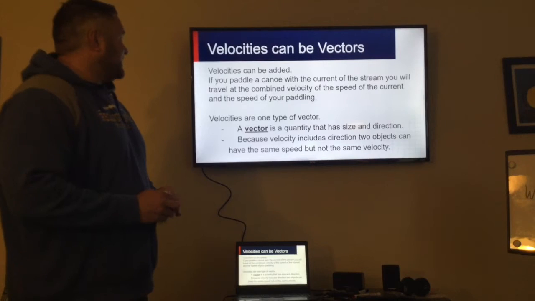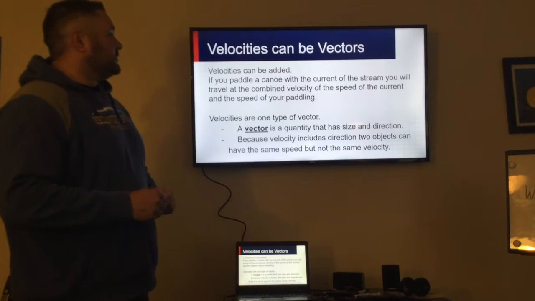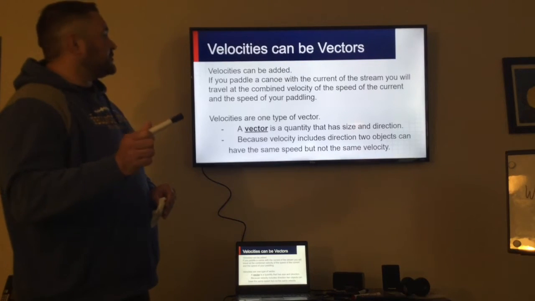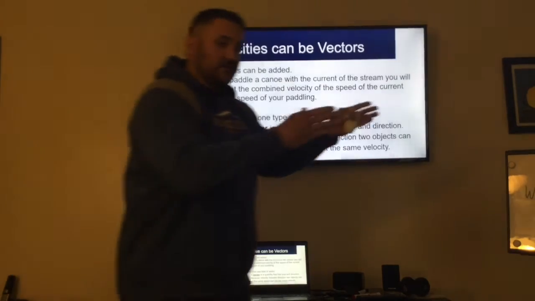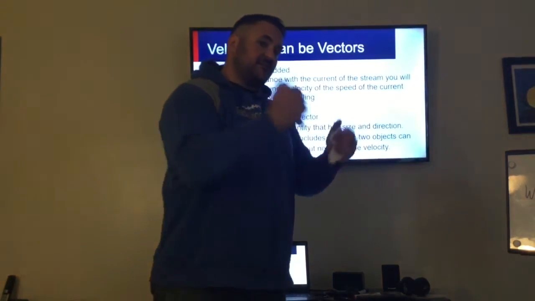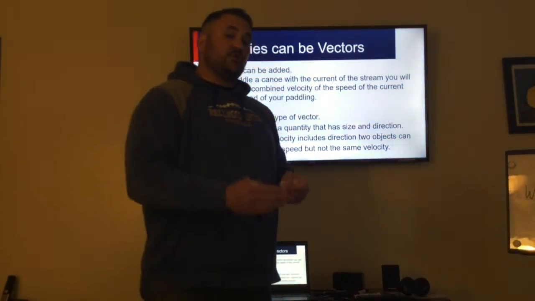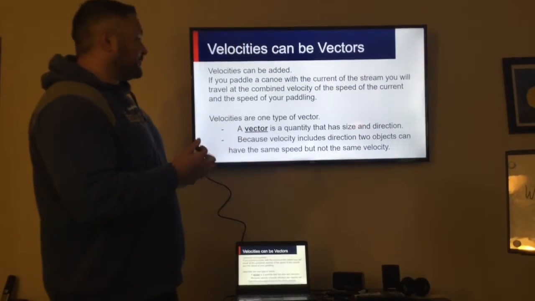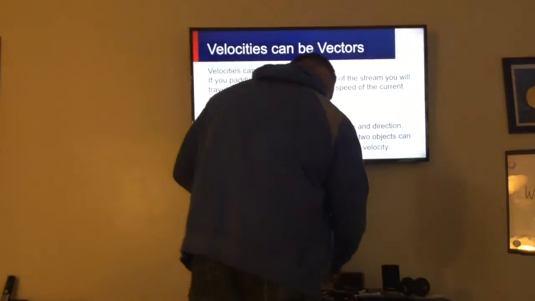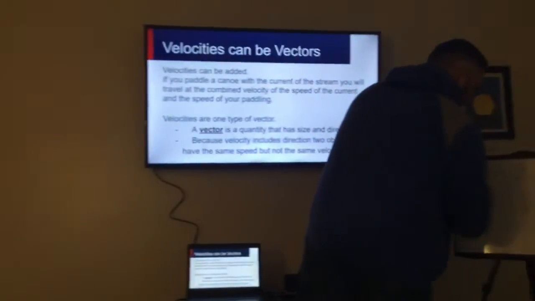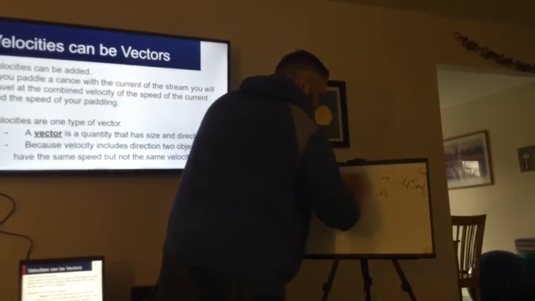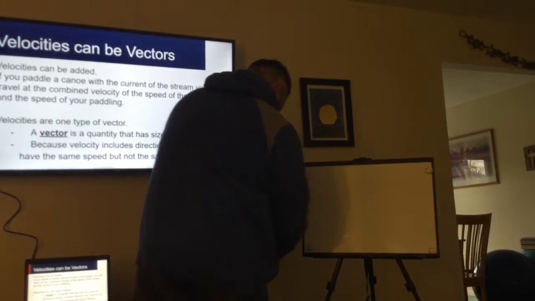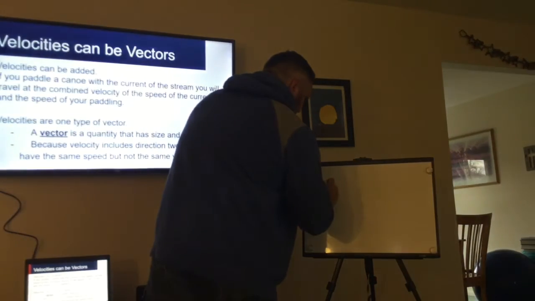Velocities can be added. If you paddle a canoe with the current of the stream, meaning you're heading downstream and you're paddling at the same time, the stream is pushing you, plus you're paddling, so you're going to go faster. So let's say here's our canoe.